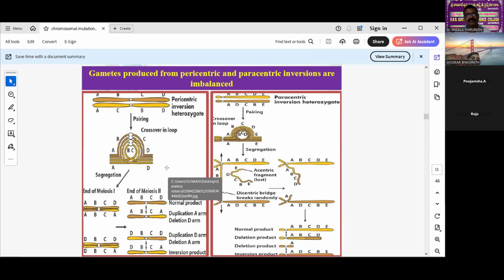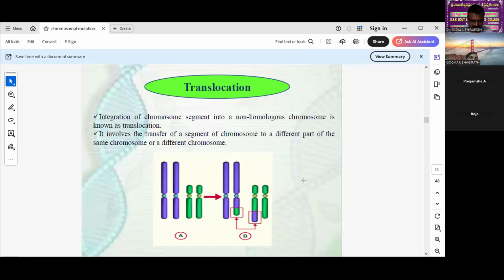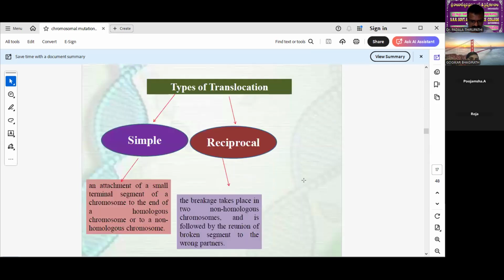So one of the chromatid DNA segments undergoes the inversion, and the remaining part is in the normal way. In this way, we are getting the normal product as well as the duplication of the A arm and deletion of the D arm. These photographs indicate the different classes of gametes produced. So already we learned about the translocations also. Okay.